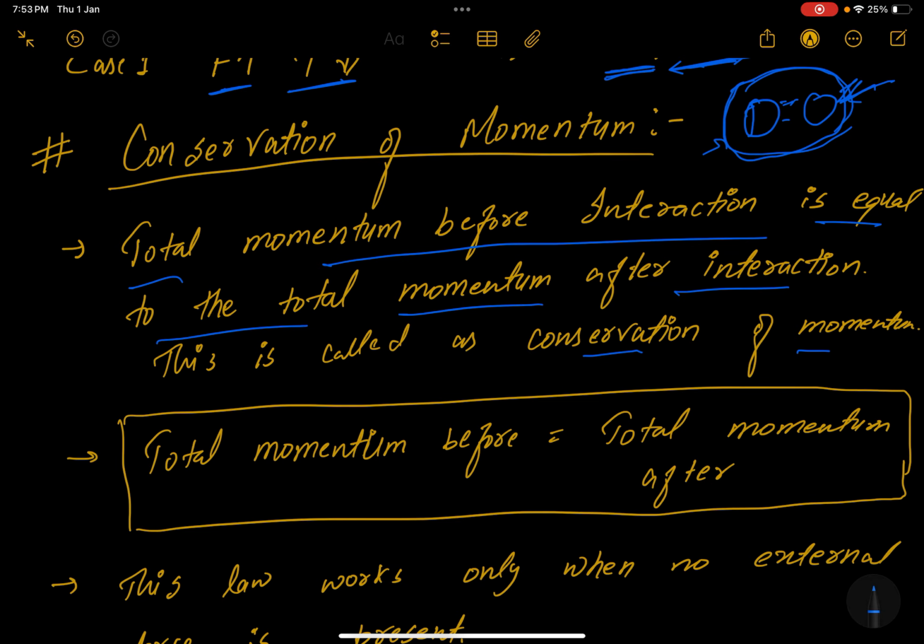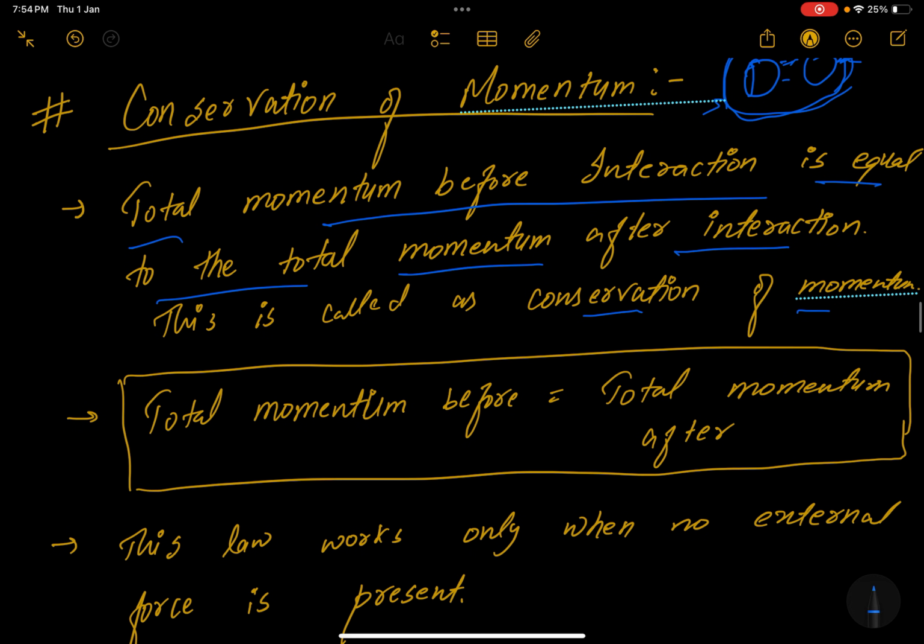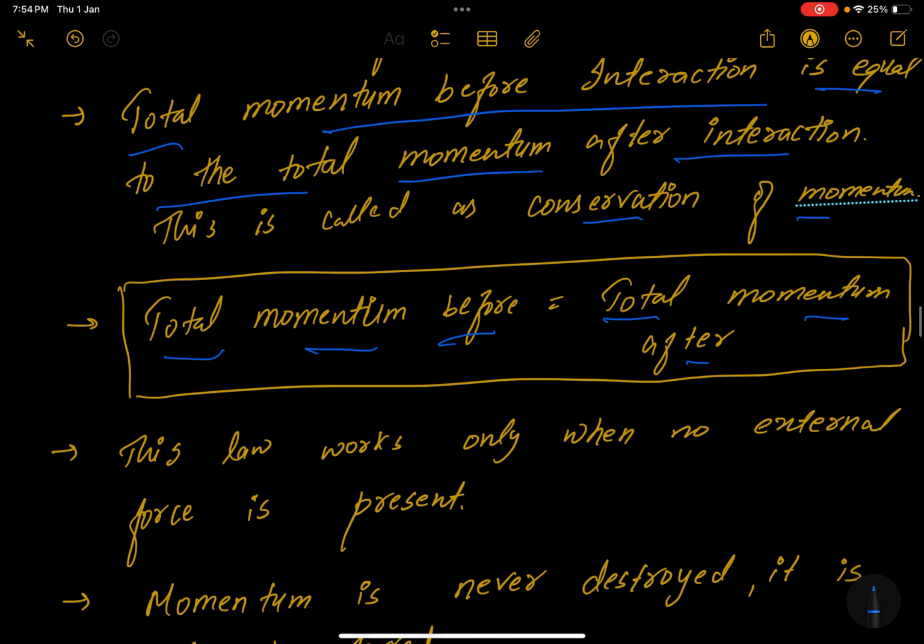For now just remember this definition, and I will explain further how this happens. This law works only when there is no external force.